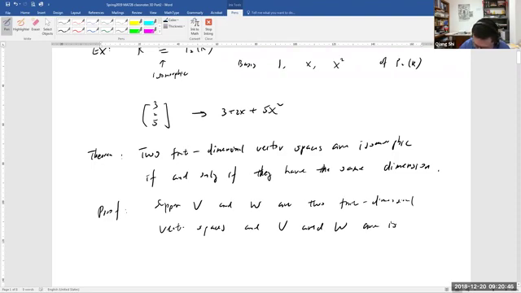Maybe let me put it this way. Let's state this, and then now let's prove the one direction: suppose V and W are isomorphic.